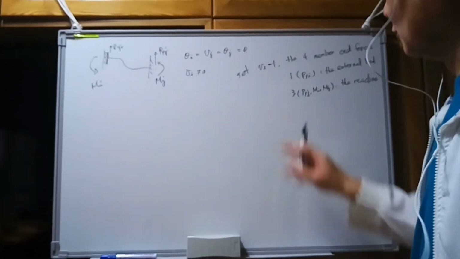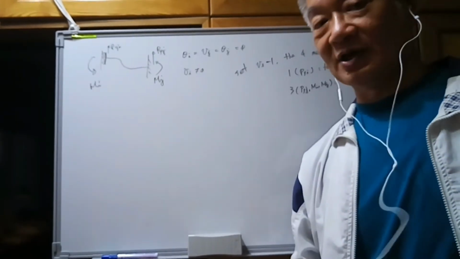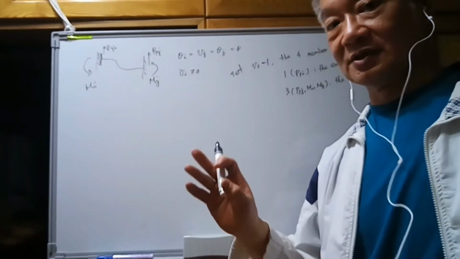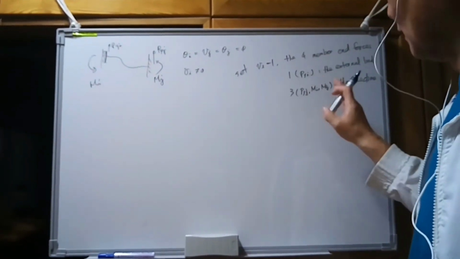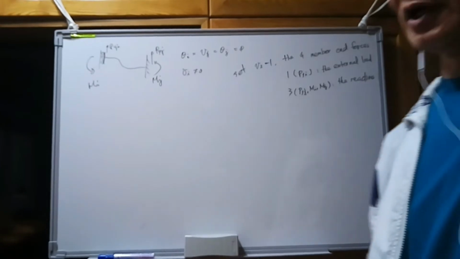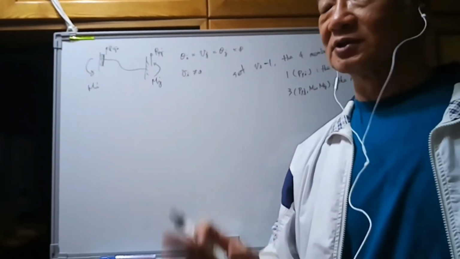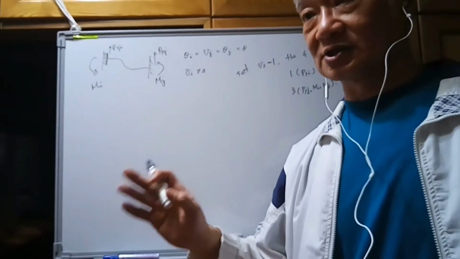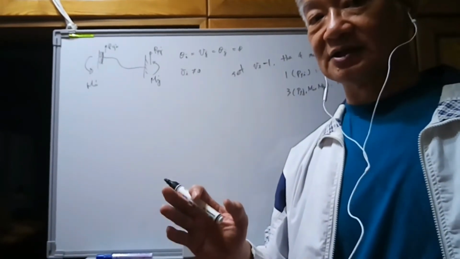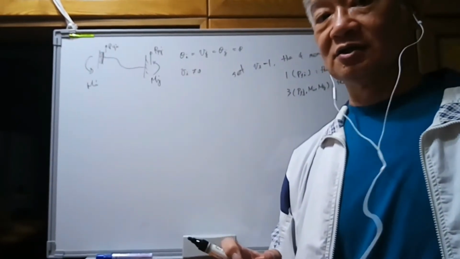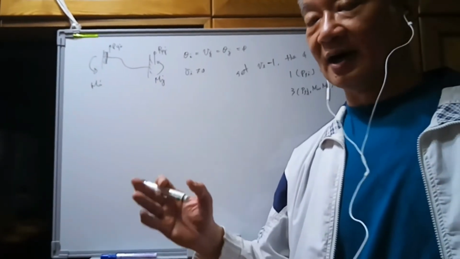Then we can solve the problem with the specified nodal displacement, the Vi equal to 1, and then we can solve the four end forces. One of these four is the external load, which will be the Pyi, and the other three are the reactions. They are the Pyj and the Mi and Mj.